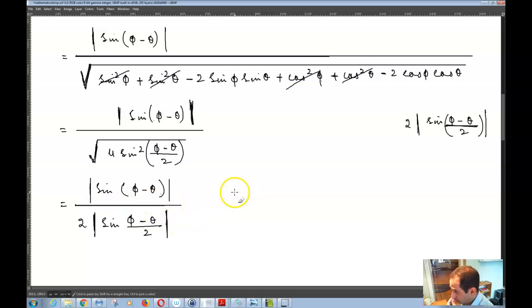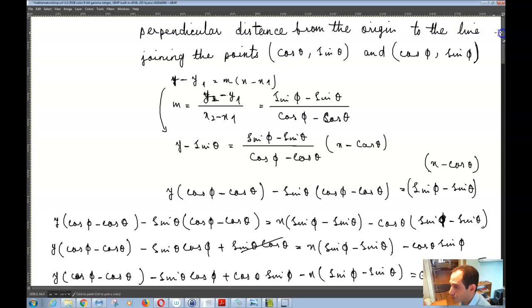And so that is basically the answer that we were looking for. The right answer based on the book is this answer over here, which is the perpendicular distance from the origin to the line joining these 2 points.